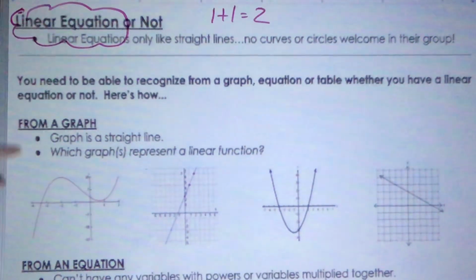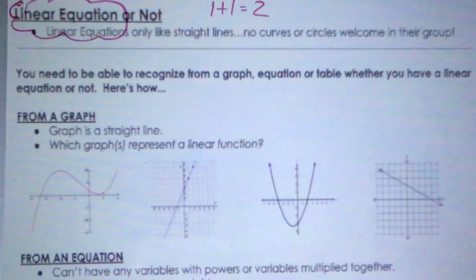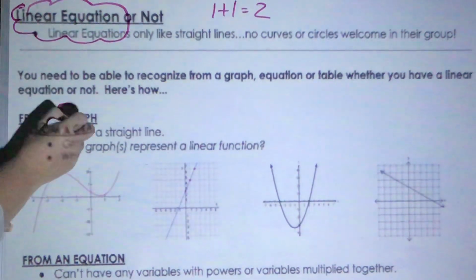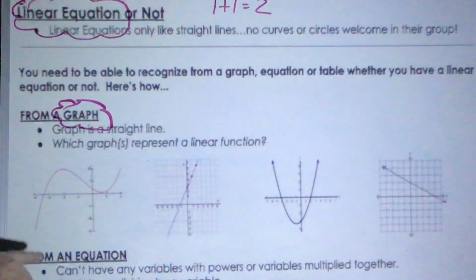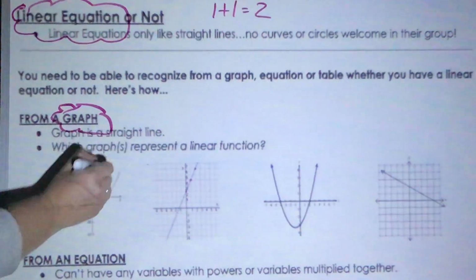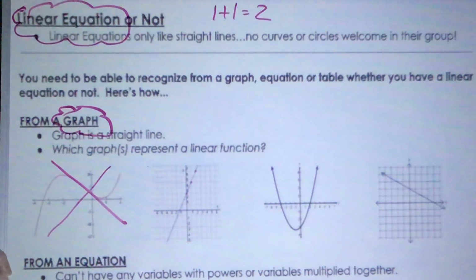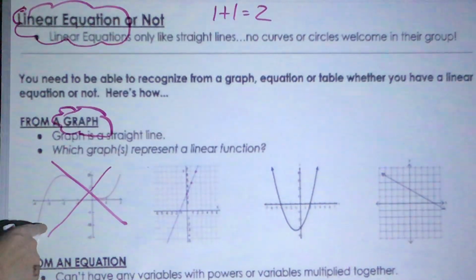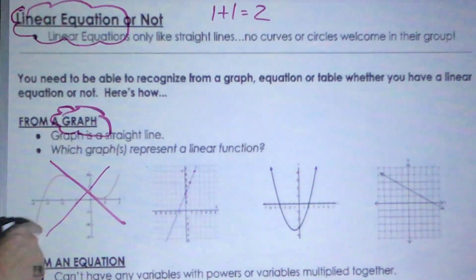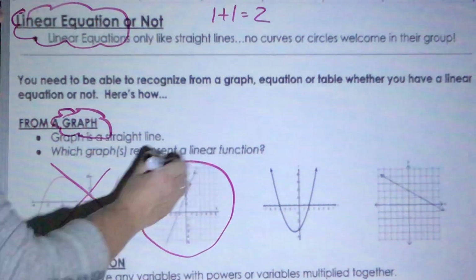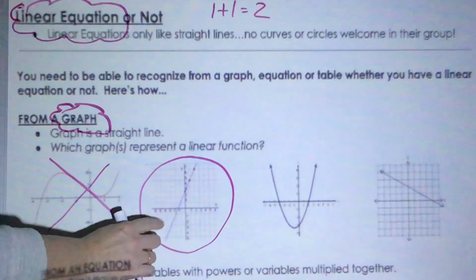So the easiest thing to do is to decide from a graph whether or not you have a linear equation. This is simple. You're just looking for a line. If something curves, it's not linear, so this would not be a linear equation. There's an equation that graphs this graph, but it's not a linear equation. This one does make a line, so this would be a linear equation.